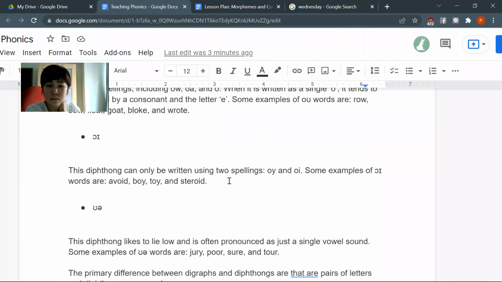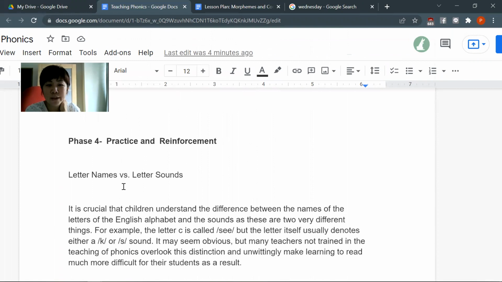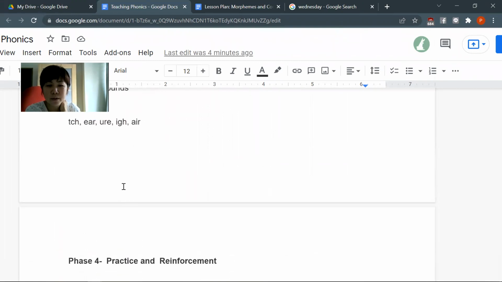We have this one, like boy, toy, steroid, avoid. It's not a straight oi. It's like your tongue is going oi. Anyway, I'm sorry, I'm getting distracted.